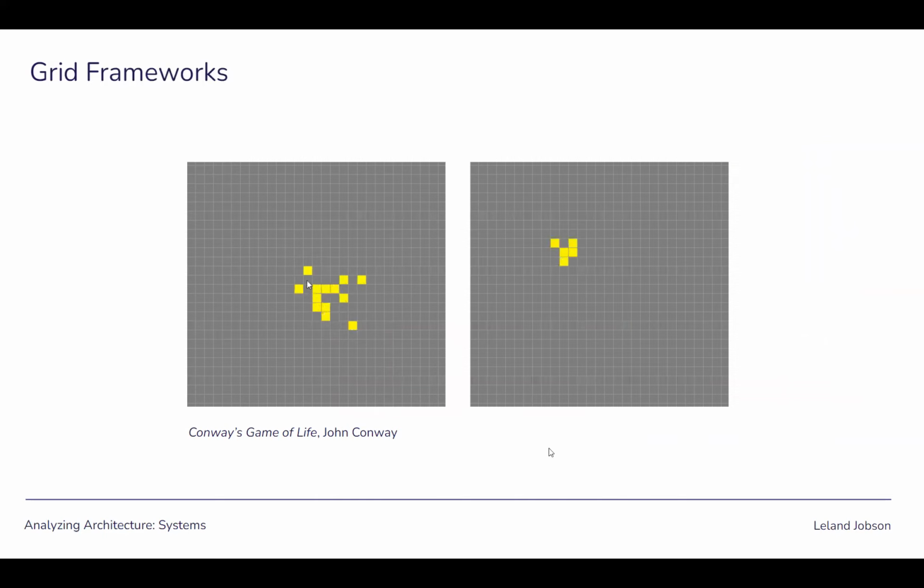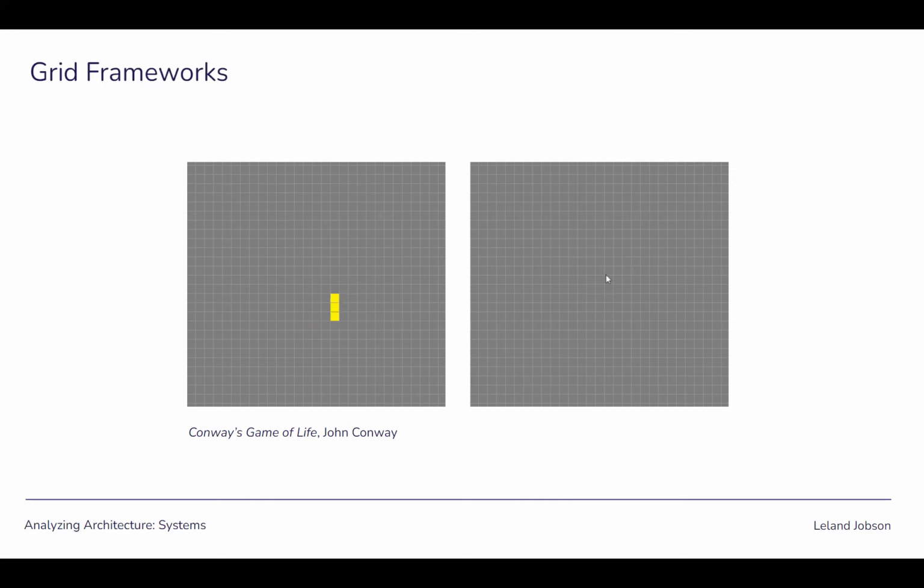If you haven't seen this before, what's happening is you have a grid and tiles can be on or off. Based on whether or not tiles are on or off, there's a set of rules that determine what will happen in the next frame.